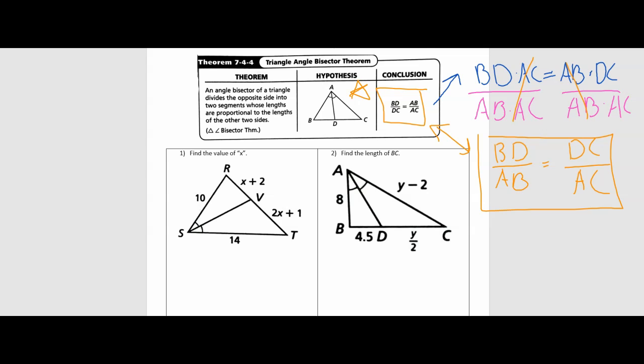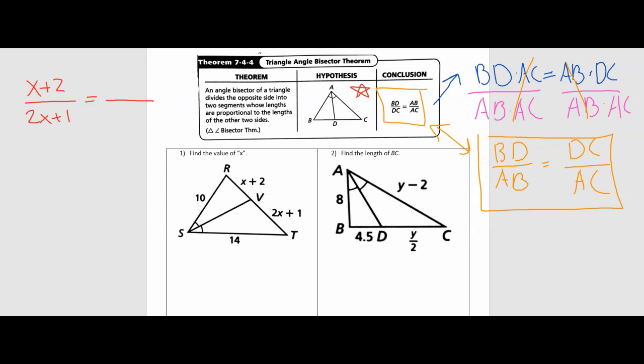Okay, so I'm just going to set this up the way we have in our original conclusion here. I don't know what kind of star I just drew. That was not very good. There we go. So I'm taking the ratio of the side that's being intersected by the angle bisector, so x plus 2 over 2x plus 1.